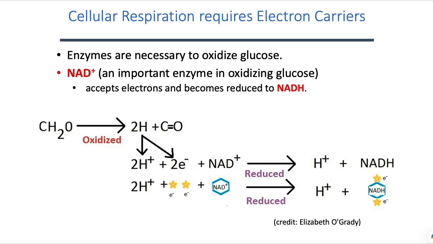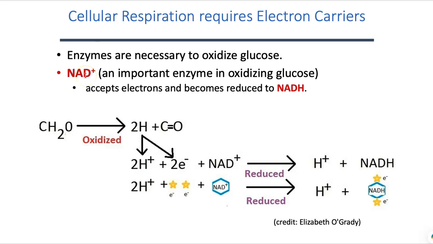Ultimately, as I mentioned already, the first thing that we're going to have to do in glycolysis is take that glucose molecule and oxidize it. As we oxidize it and break it down through a number of different metabolic reactions, so it takes us a while to break glucose down, we are going to transfer those high energy electrons from glucose to something called NAD+.